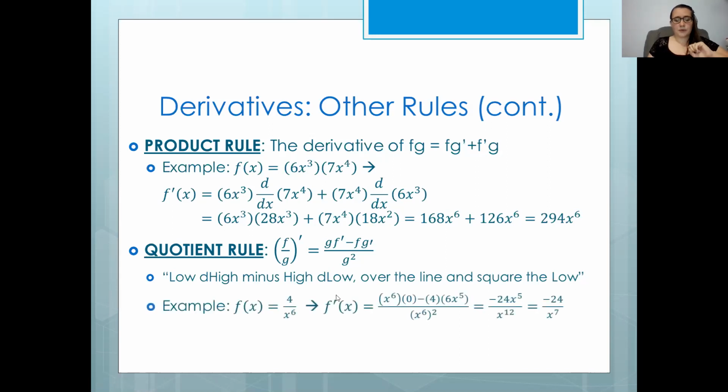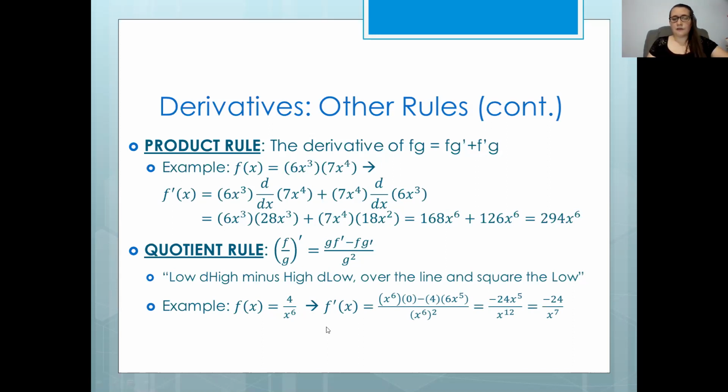Here's an example. Our function is a fraction, 4 over x to the 6th. We're going to label 4, the numerator, as f, and x to the 6th as g, so that it matches the way the rule is written.